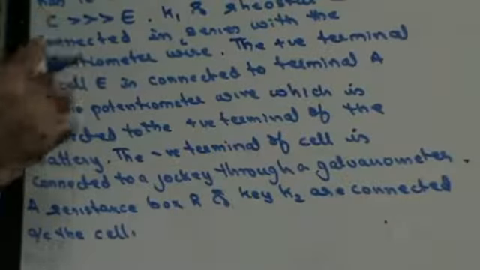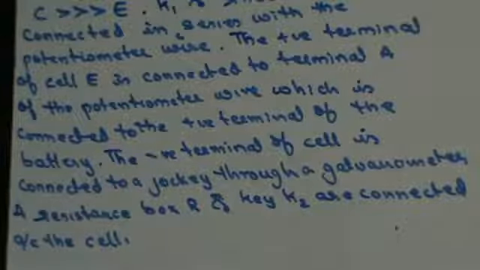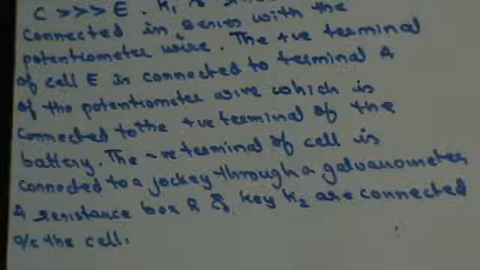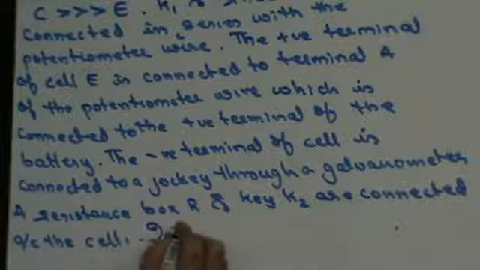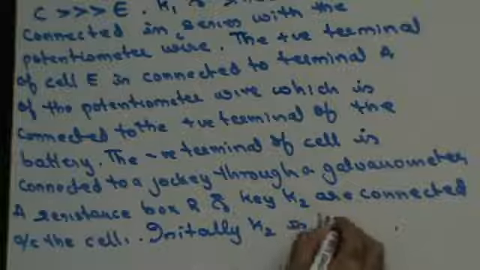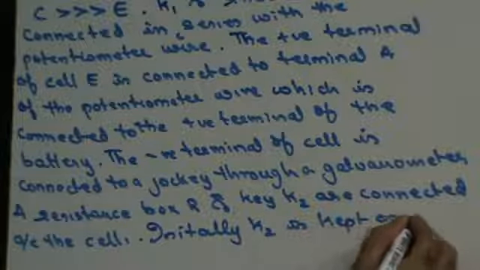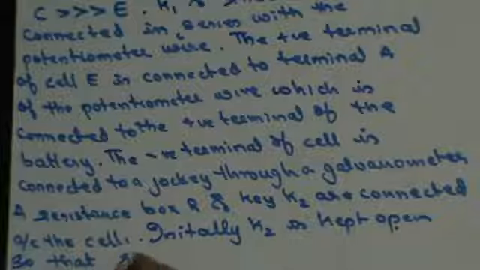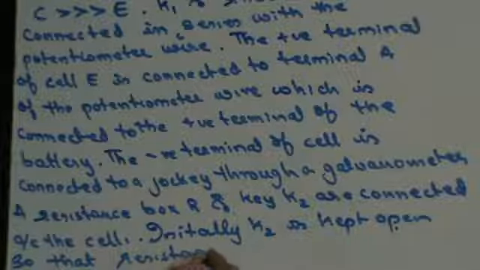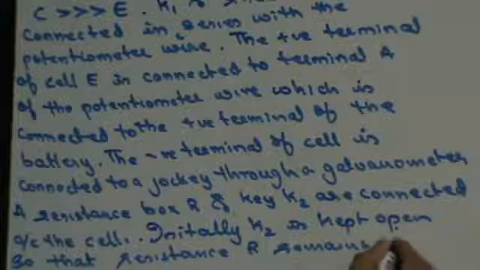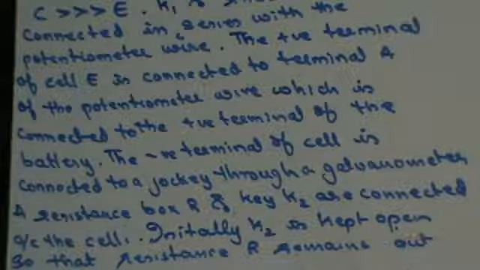Fine. Now initially K2 is kept open so that the resistance R remains out of the circuit.